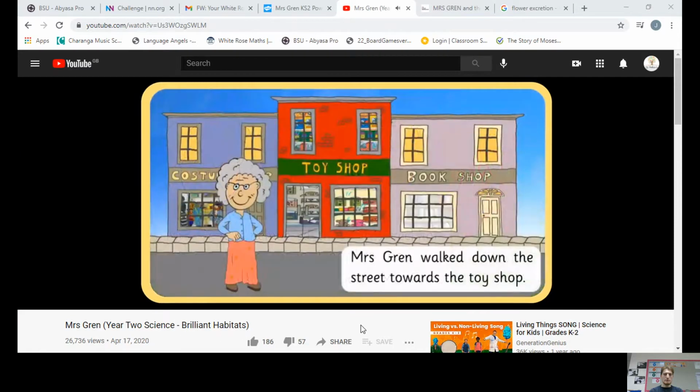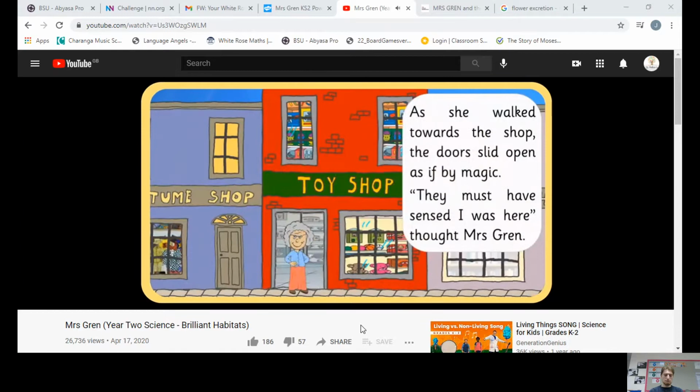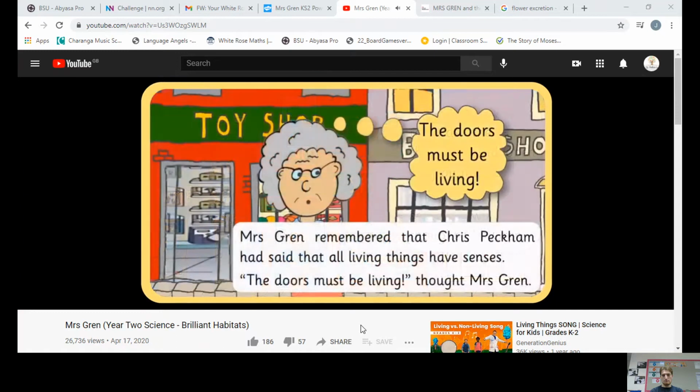Mrs. Gren walked down the street towards the toy shop. As she walked towards the shop, the door slid open as if it was by magic. They must have sensed I was here, thought Mrs. Gren. Mrs. Gren remembered that Chris Peckham had said that all living things have senses. The doors must be living, thought Mrs. Gren.